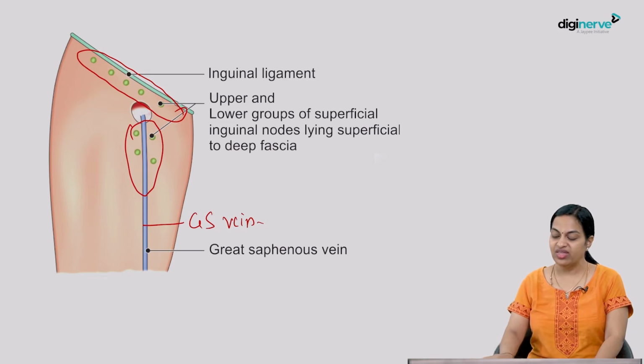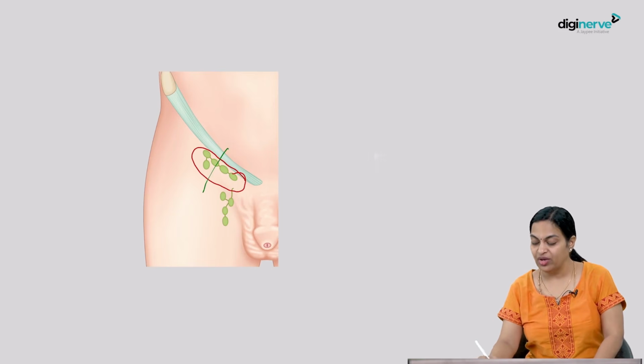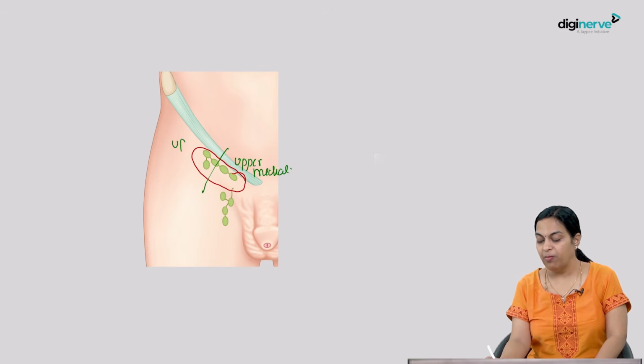Okay, let us see the afferents of these groups. This upper horizontal group is further divided into upper medial and upper lateral.